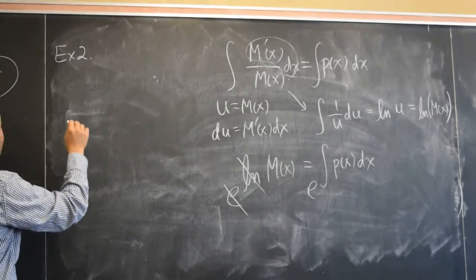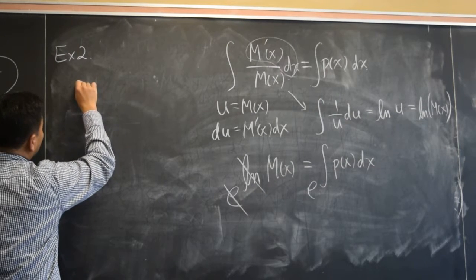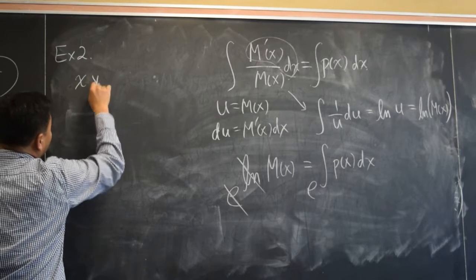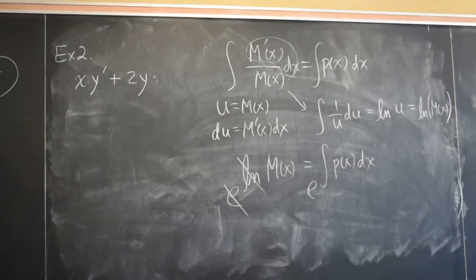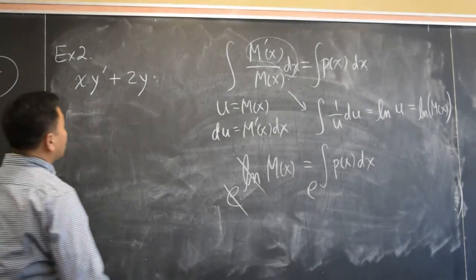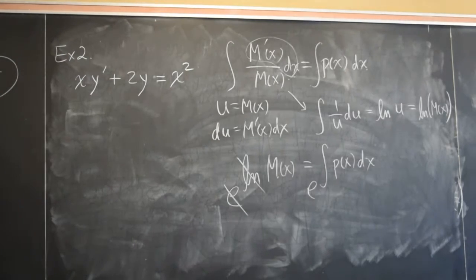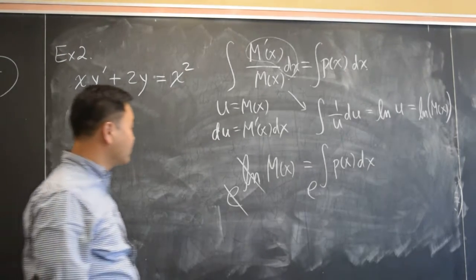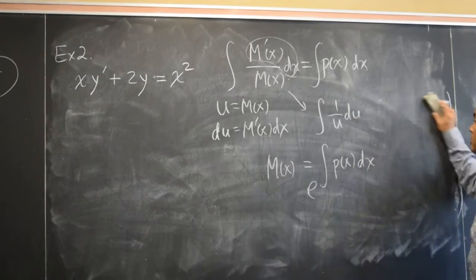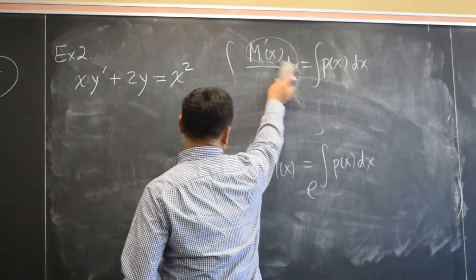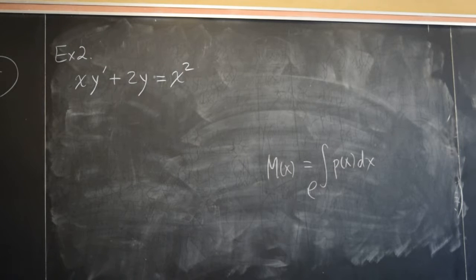Right, this time, let's write it as x y prime plus 2y is equal to x squared. Let's try to solve this equation.